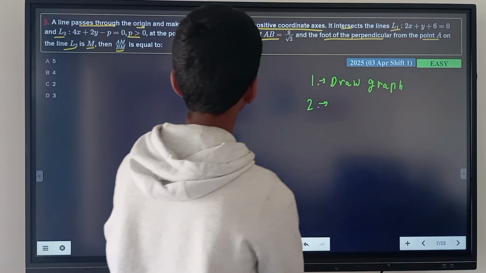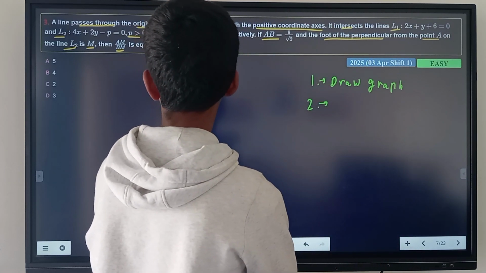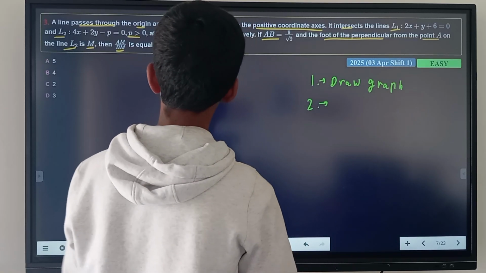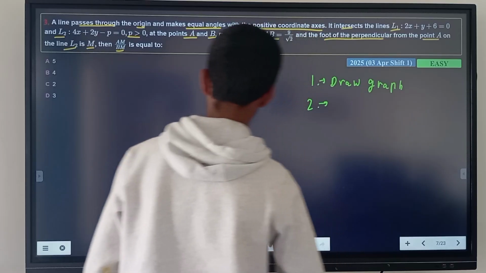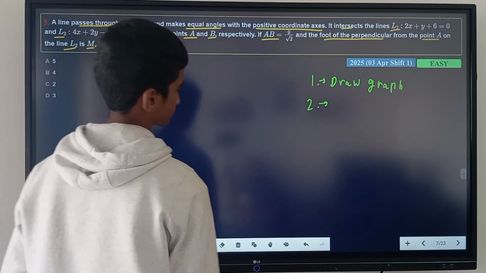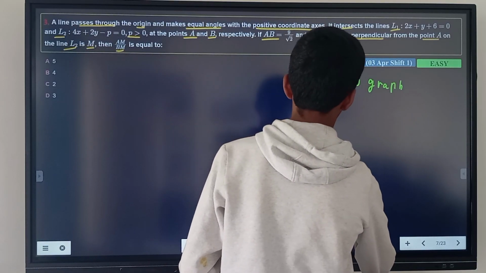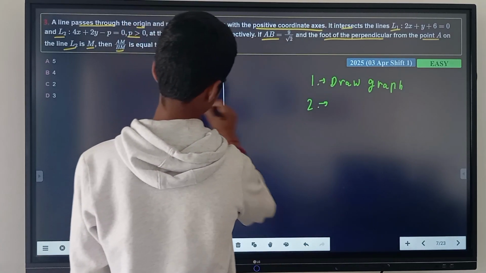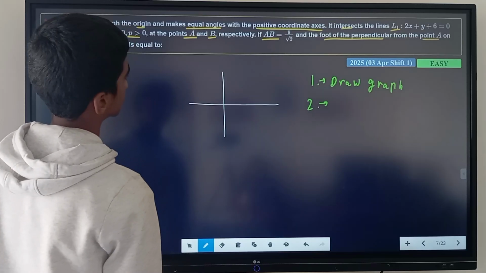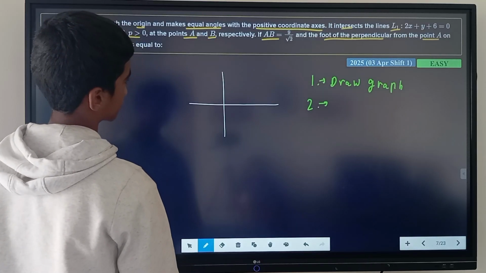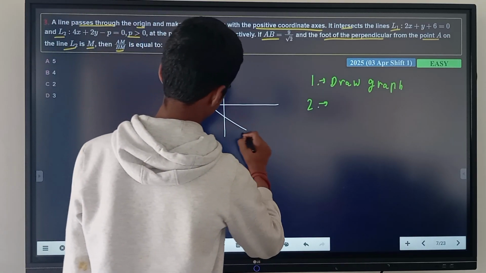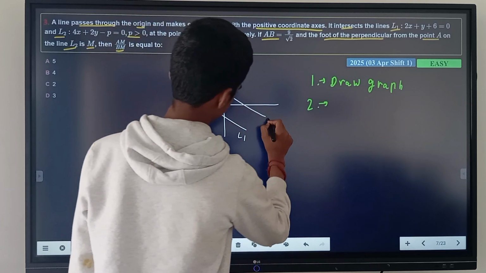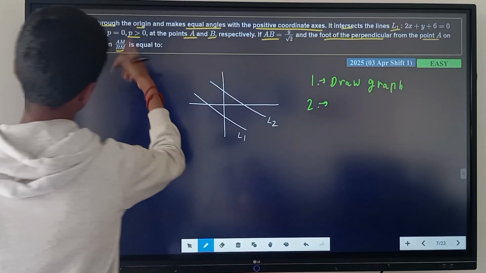Second step will be, first let me draw the graph, then we will look at the second step. Our graph will be: our line L1, 2x plus y plus 6 is equal to 0, will be like this, L1, and L2 will be like this, L2, because p is greater than 0.